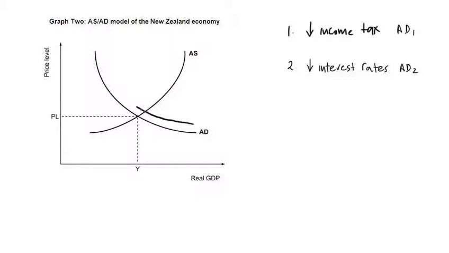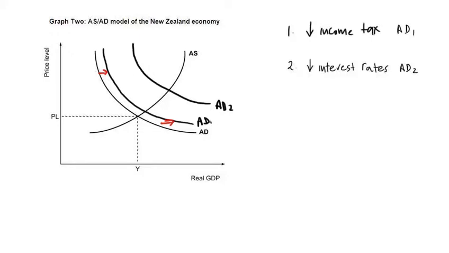AD1 is going to be a relatively small shift of the AD curve. Let's put it in here. Let's call that AD1. Okay. Remember to do our arrows. And then AD2 is going to be a much more significant shift in AD.